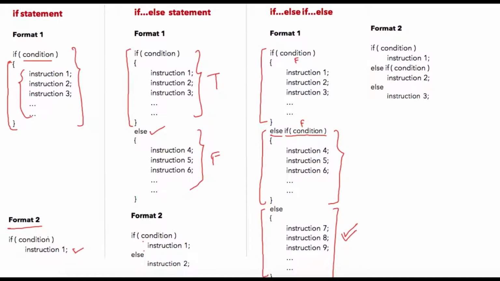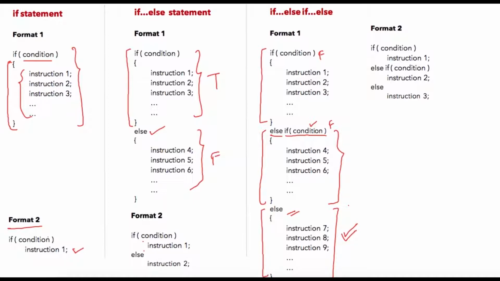So how will this program execute? Let's check. If this condition is true, this block will get executed. If it is false, it will check the next statement. If this condition is true, this block will get executed. If this condition is false, it will execute the block for else.